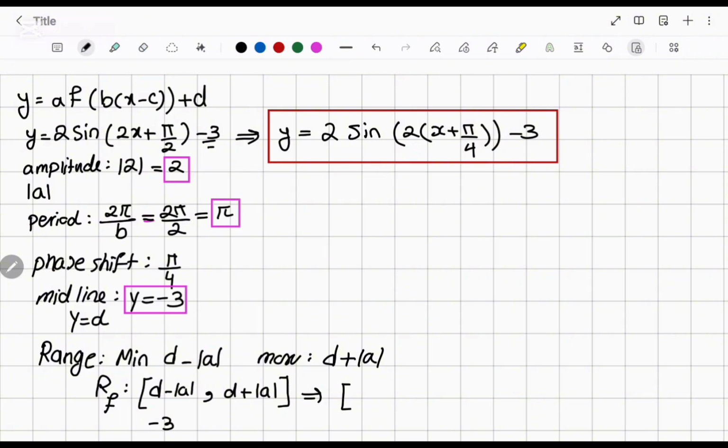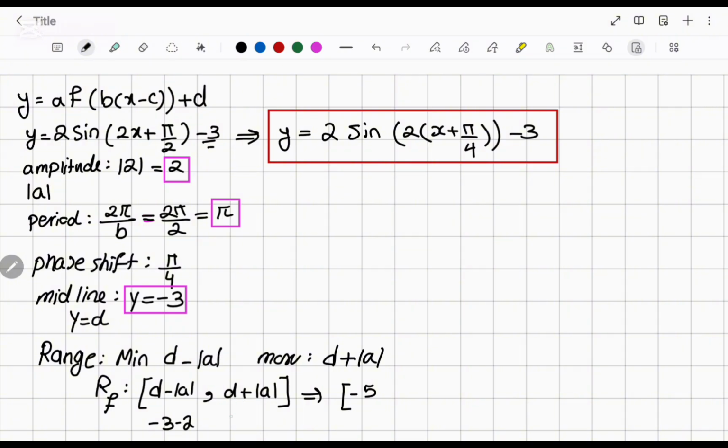Okay, so the d is -3 and the a is +2. So it's going to be -3 minus 2, because the absolute value of 2 is 2. So that's going to be -5. So the minimum is going to be -5.